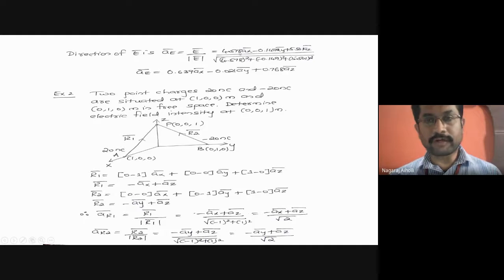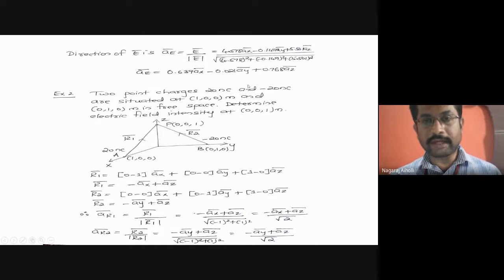So it is 4.578 AX bar minus 0.149 AY bar plus 5.501 AZ bar, divided by its magnitude, that is square root of 4.578 square plus minus 0.149 square plus 5.501 square. If you simplify this, it comes out to 0.639 AX bar minus 0.021 AY bar plus 0.768 AZ bar.